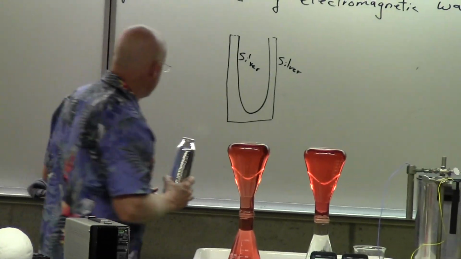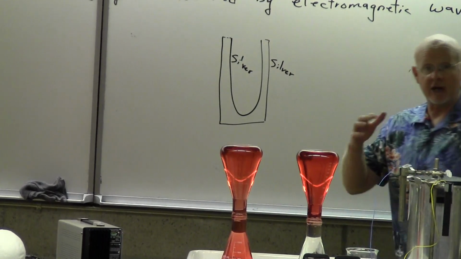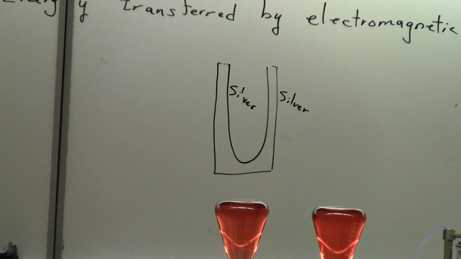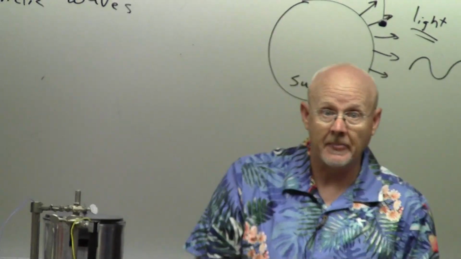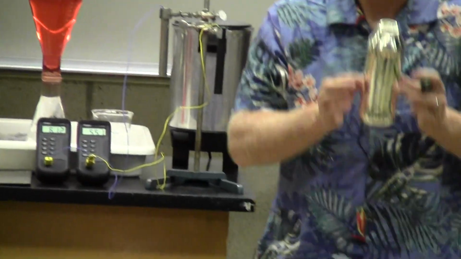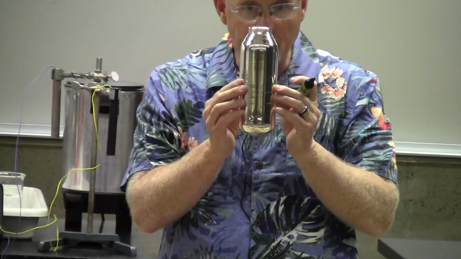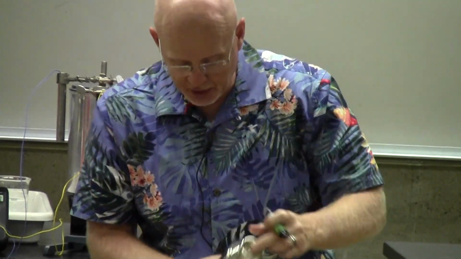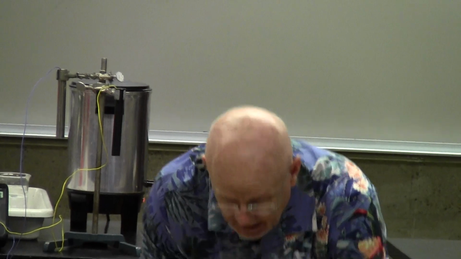But the other neat thing here is, remember, there's three ways to transfer energy. There's conduction, convection, and radiation. And remember, those first two, conduction and convection, require the atoms themselves. Now, the makers of this thermos fill the area in between with an insulating styrofoam.